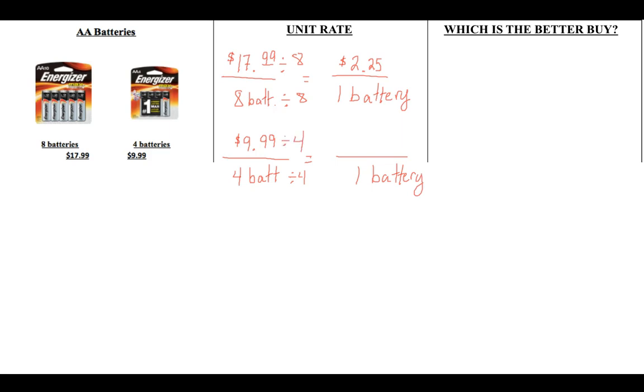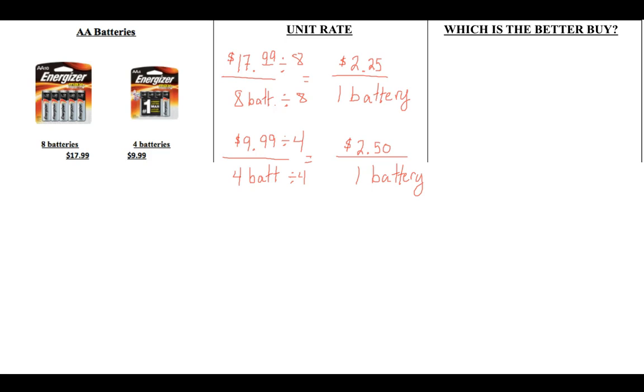So $9.99 divided by 4, and that's going to give me a cost per battery of $2 and roughly 50 cents. So obviously it makes more sense buying the 8-pack than it does the 4-pack. Why? Because you're actually saving a quarter per battery by buying the larger pack.